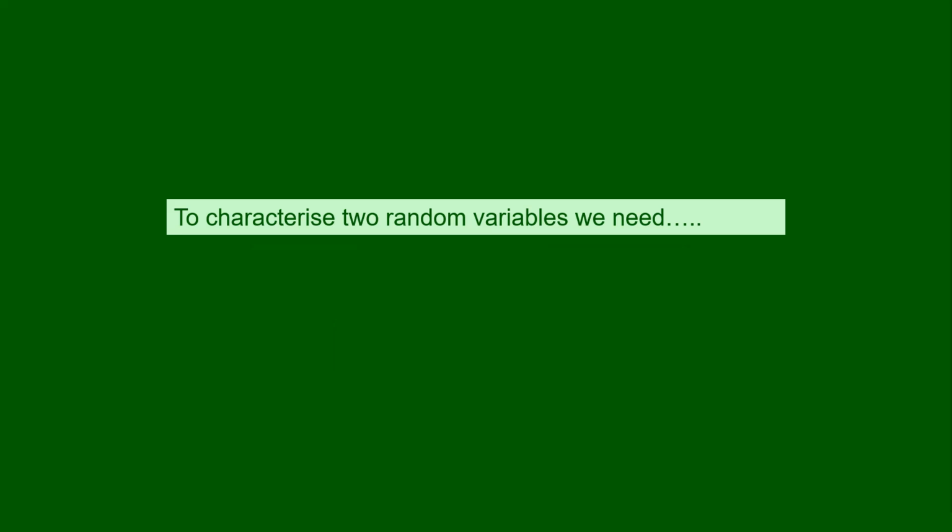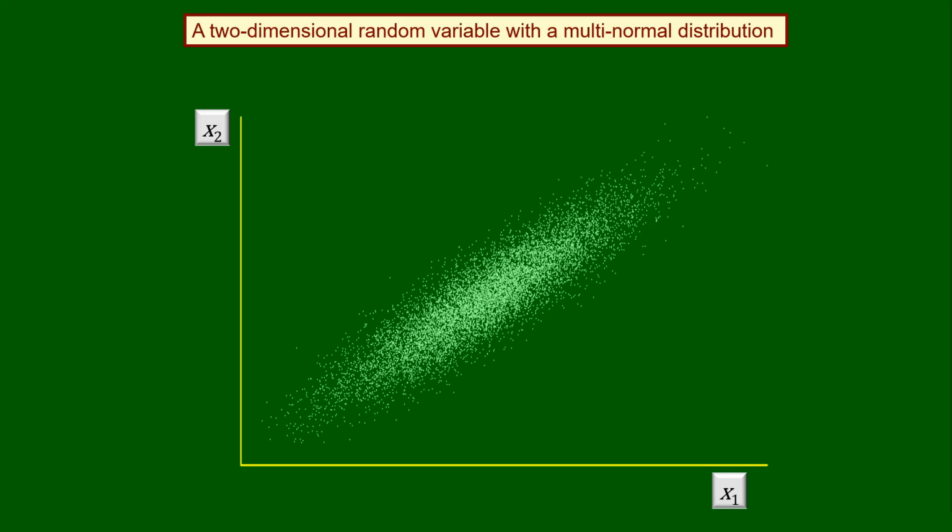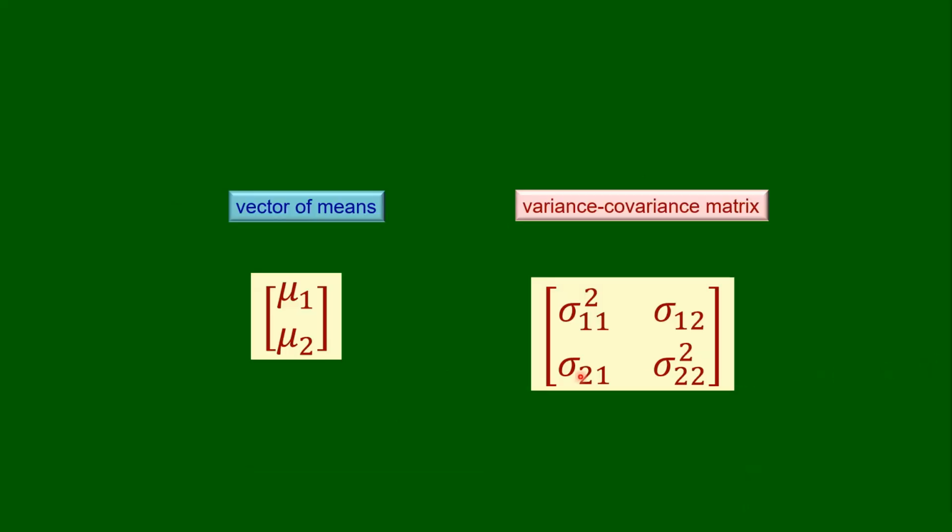Now, to characterize two random variables, though, we need to go a little bit further. Yes, we need the mean of x1 and the mean of x2, which I'm calling mu1 and mu2 here. And here's the variance of x1, sigma squared 1,1, I'm calling that.